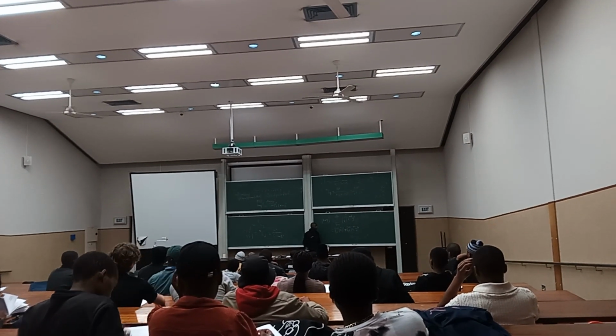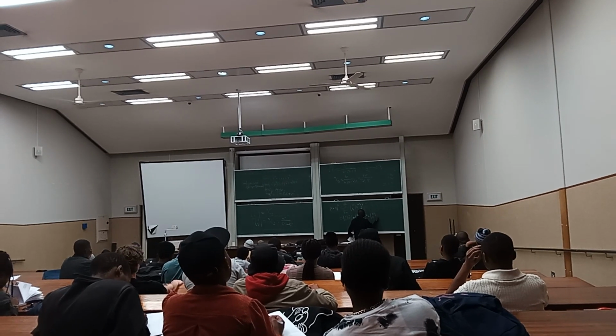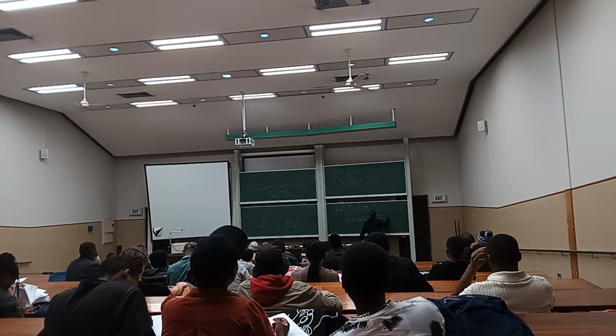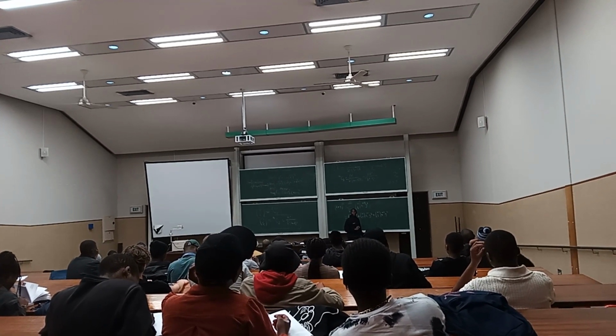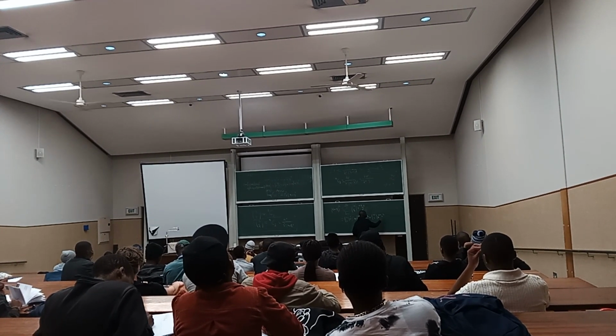Okay? Alright, the third term now is what? N choose 2, x to the n minus 2, y squared. Okay?